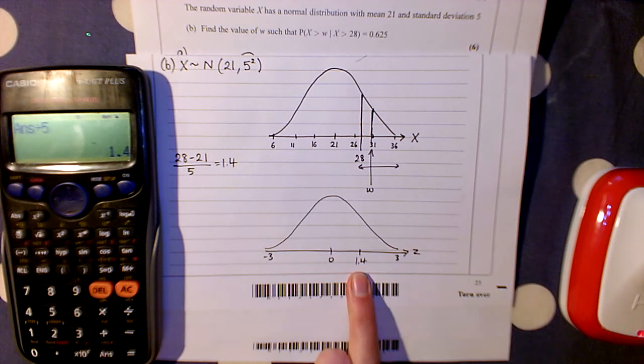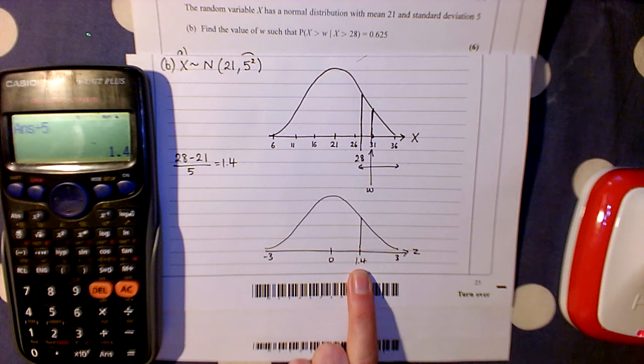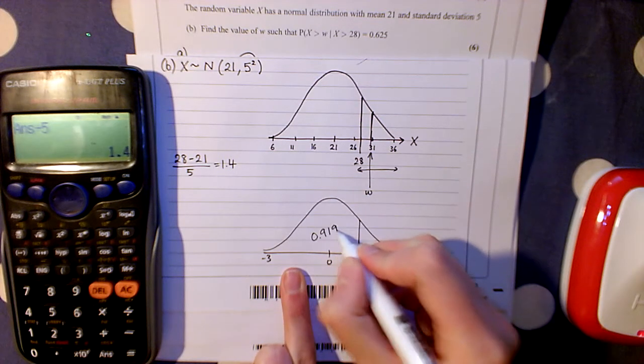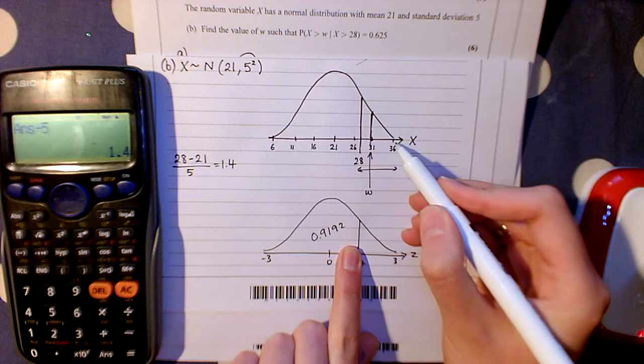So what can I do with this now? Well, I can look up 1.4 in the Z tables and I can find out what probability that gives. And it is 0.9192. Of course, it's reading from the left. Now, I'm really only interested in what's going on over here.